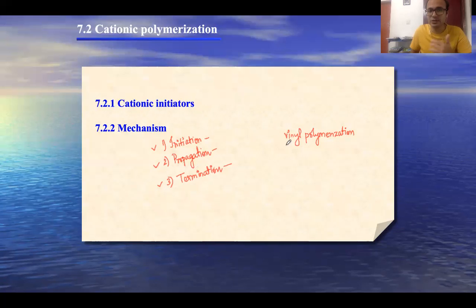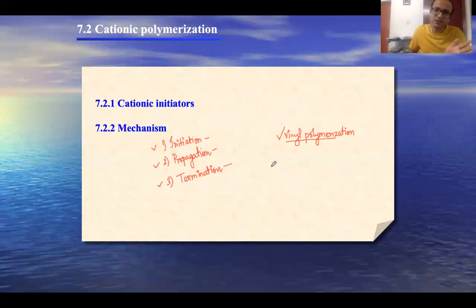We will be basing our understanding of ionic polymerization on vinylic polymerization, so you have to keep that in mind. Some of the polyesters and polyethers you might be studying in the last module that you are dealing with. So right now we will be understanding ionic polymerization only on the basis of vinyl polymerization.